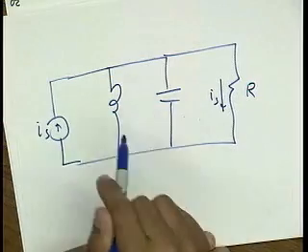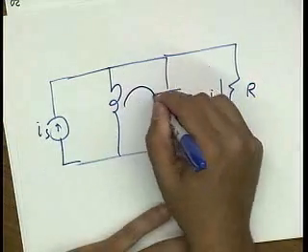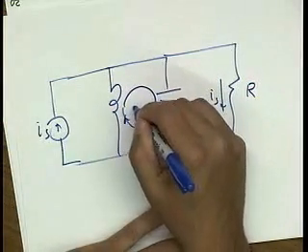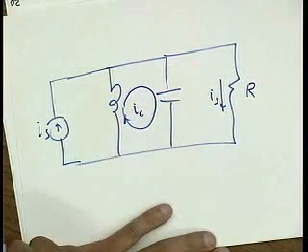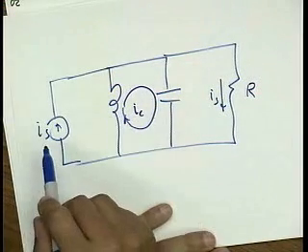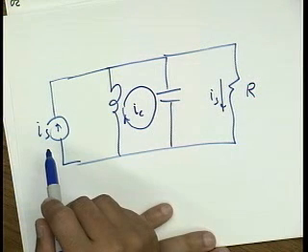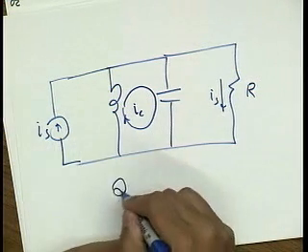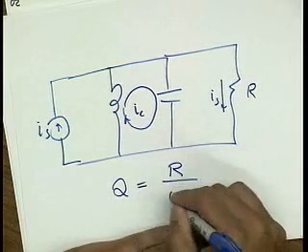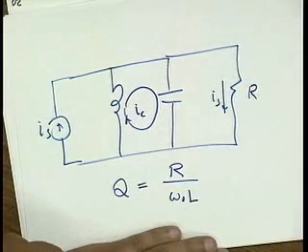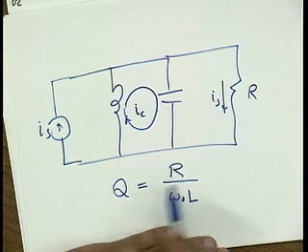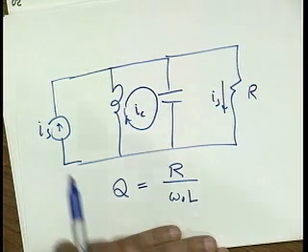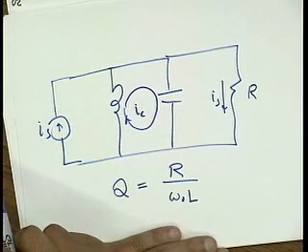But if I actually look at the current inside of these elements, I find that there is a circulating current, let's say IC, which is Q times as large as IS, where now the quality factor is defined as R over omega naught L. In other words, the inverse of the quality factor of a series RLC circuit. Never confuse the quality factor of a series RLC circuit with a parallel RLC circuit. Okay?